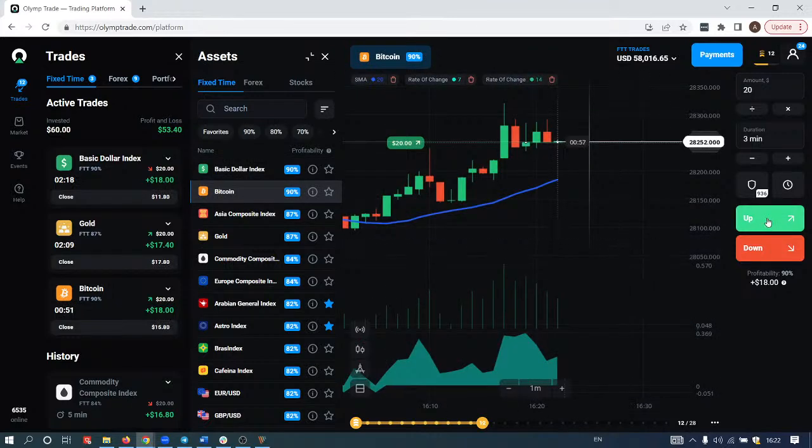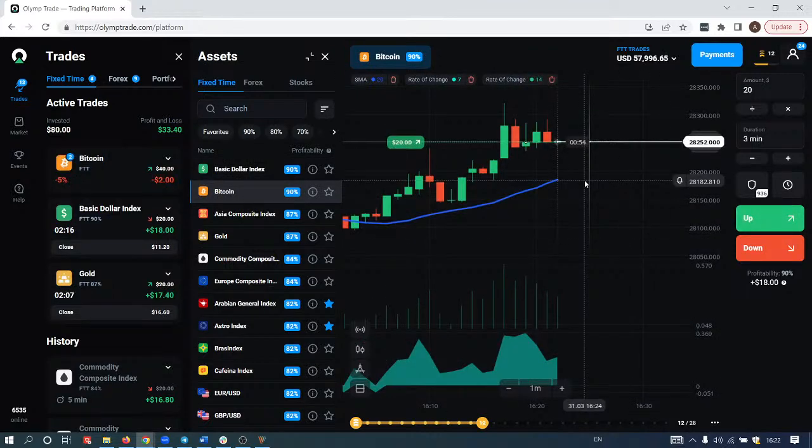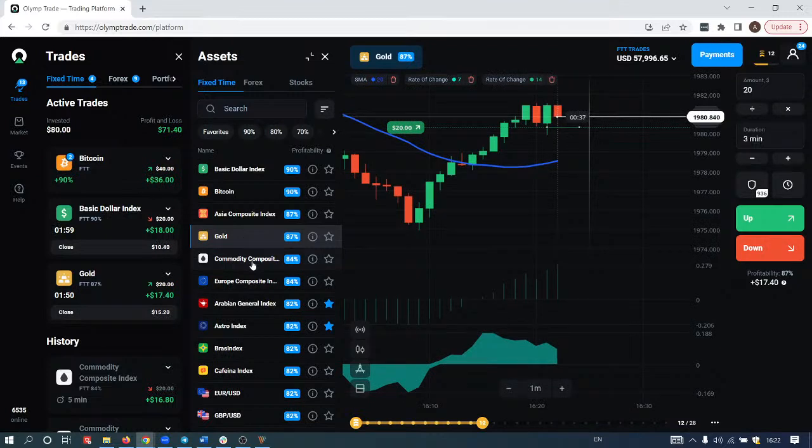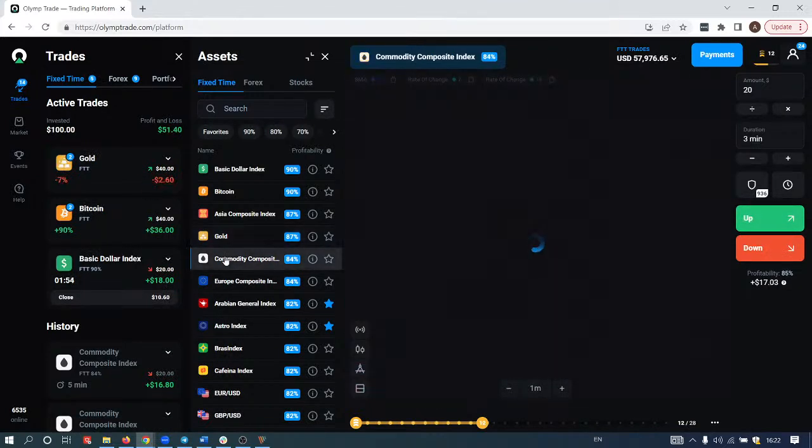Right, so Bitcoin, let's open another trade. So the signal is still there, so the signal remains. The signal didn't go anywhere, so why not open another trade? All right. Gold, yes, we can open another one, so why not open more trades?